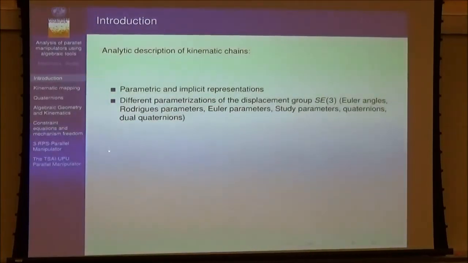They have advantages and disadvantages. I do not claim here in this lecture that the quaternions are the best representations. They are best suited for some problems. It's always important that you find out which type of parametric representation of the displacement group is suitable.